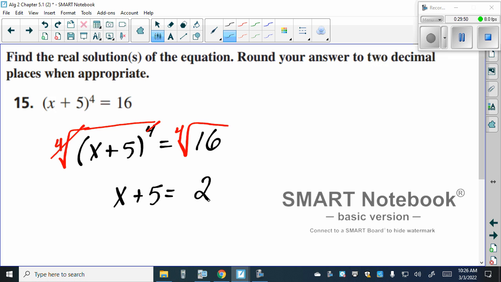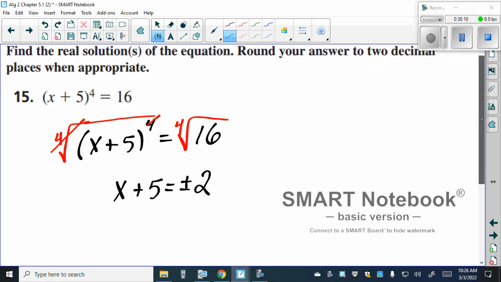Do we need the plus or minus? Yes. We can take the root because the 16 is positive. We know that we don't have one root because the only way that we can have one root with an even exponent is if the number inside is 0. Well, it's not 0, so we have to add the plus or minus.